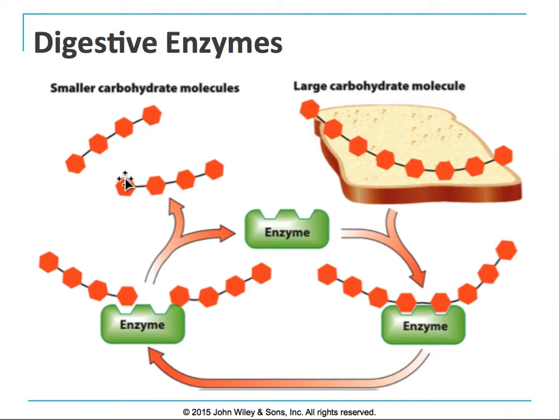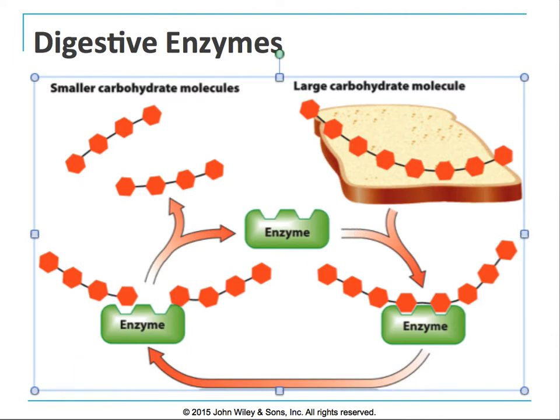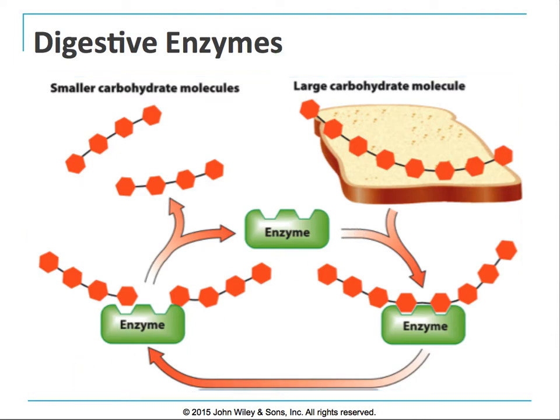Then these smaller carbohydrate molecules can either be absorbed or further broken down into smaller pieces that your body can use. Once they're broken down, the enzyme has done its job and it's free again to come back to a larger molecule and start the process all over again.